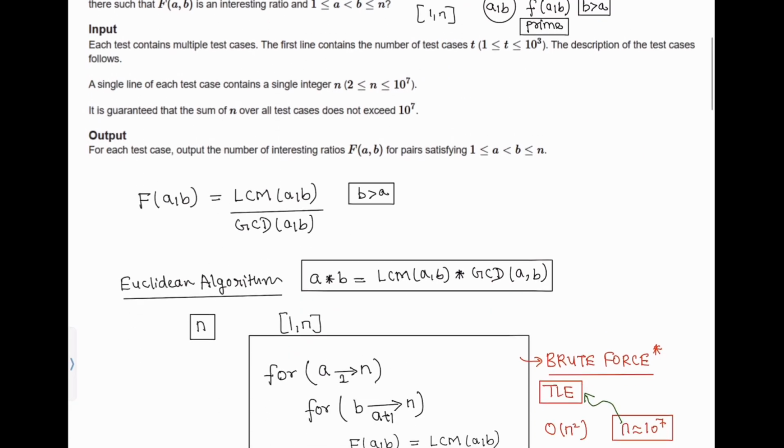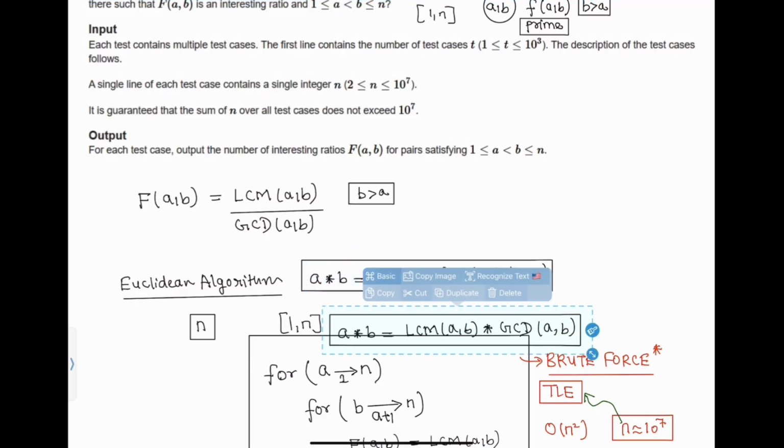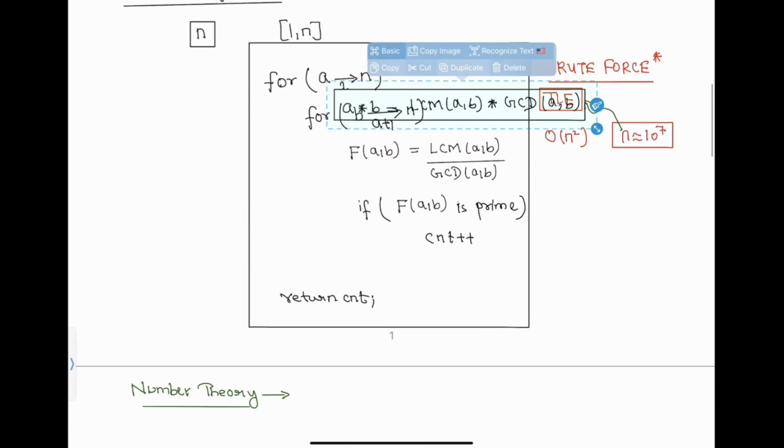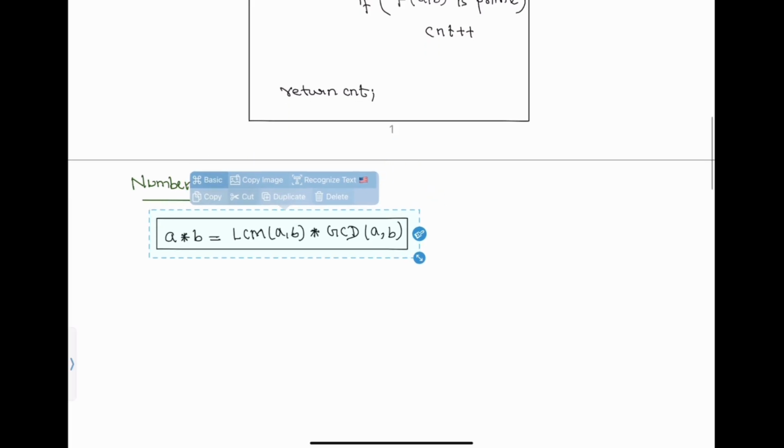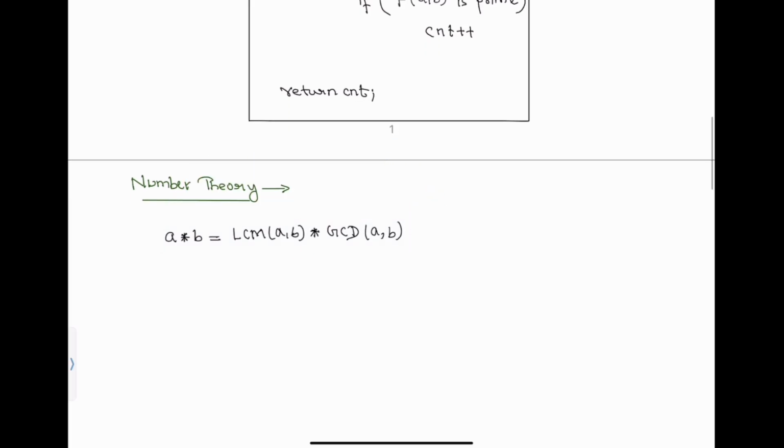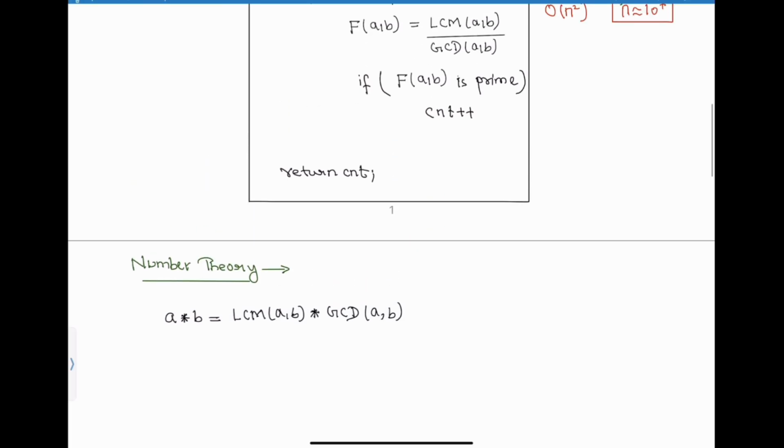To optimize this, we have to use some number theory. We just need the Euclidean algorithm to actually solve this problem. This is the Euclidean relation that has been given in the question as well. But how do we use it to solve the problem? The problem says we have to find the number of pairs such that f(A, B) is prime.